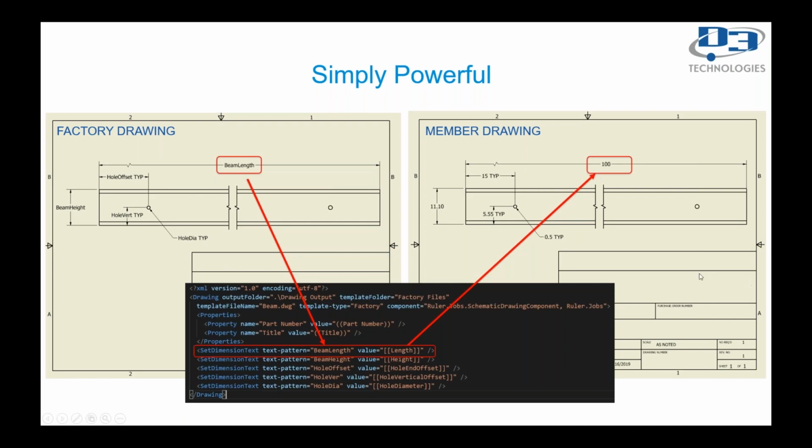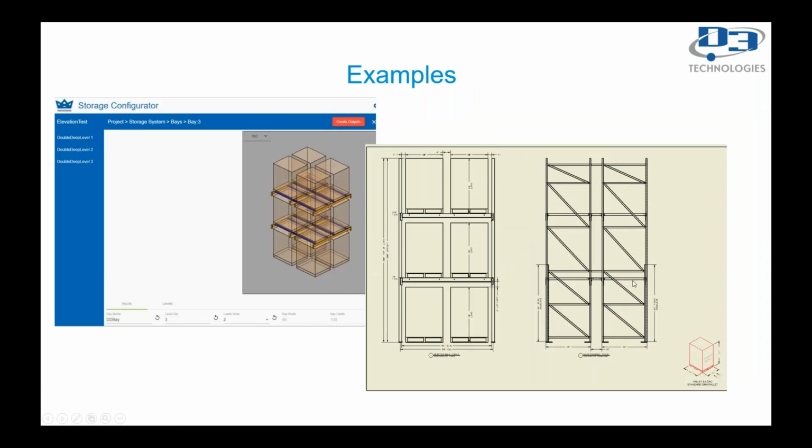With that, we can do quite a bit of stuff. With just these 5 lines of code, I'm able to make a very specific drawing off this generic. And this is very practical. You can really take advantage of this on very complex drawings because you're basically just overriding the dimensions.